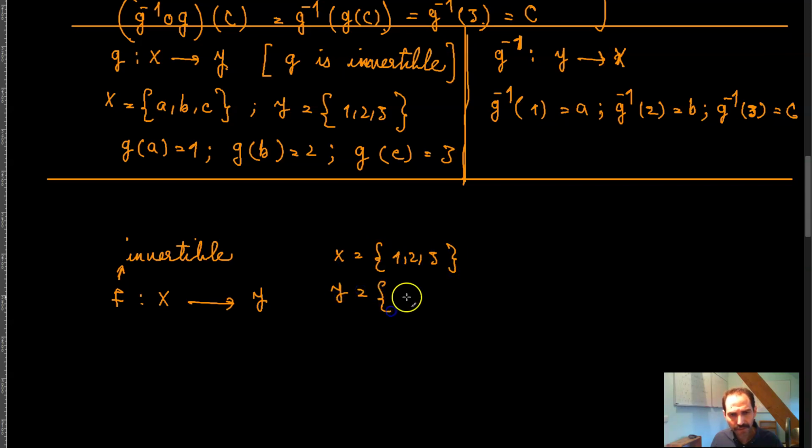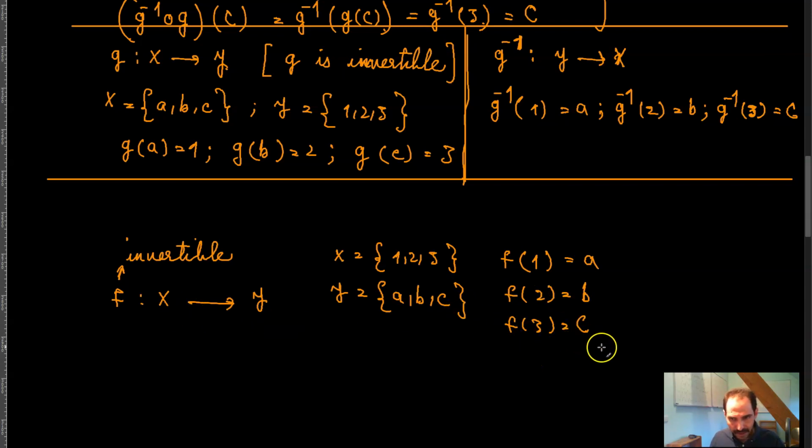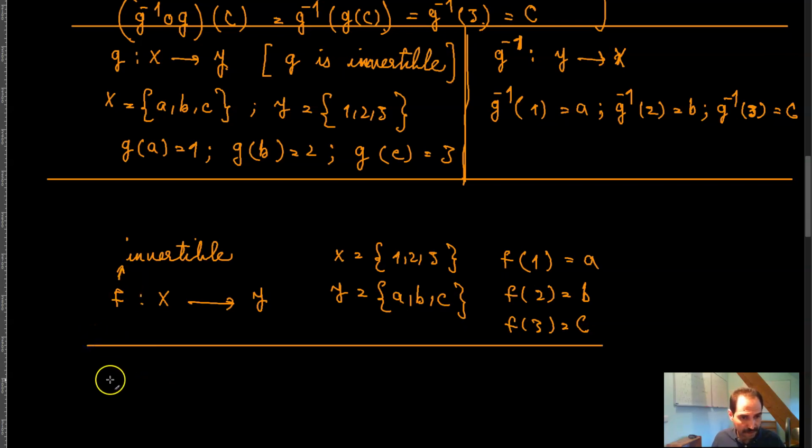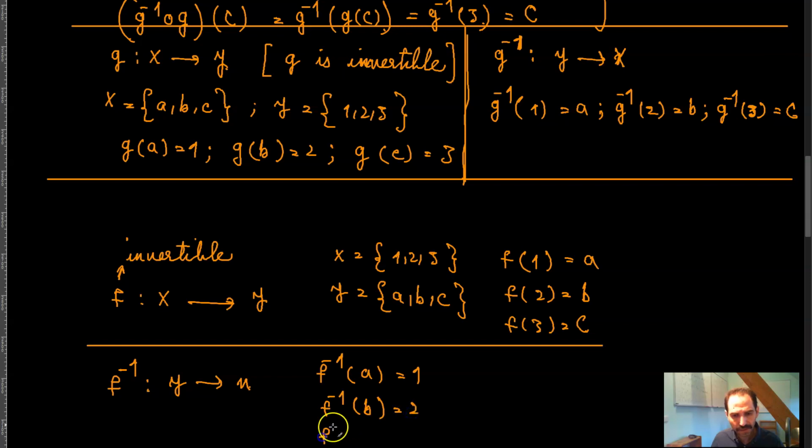And I'm going to create some set Y over here as A, B, C. And I'm going to say that F of 1 is equal to A, F of 2 is equal to B, and F of 3 is equal to C. So if I create the inverse of this function, F inverse, that goes from Y to X, then F inverse of A is equal to 1, F inverse of B is equal to 2, and F inverse of C is equal to 3. So that is basically the situation that we have here.